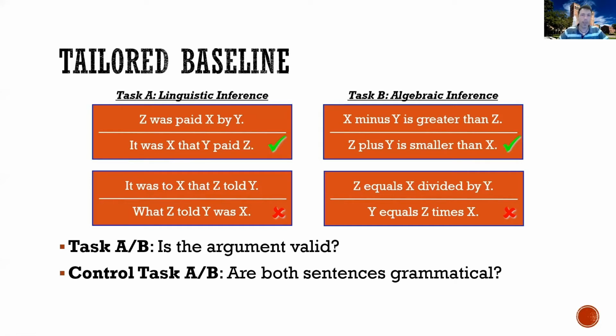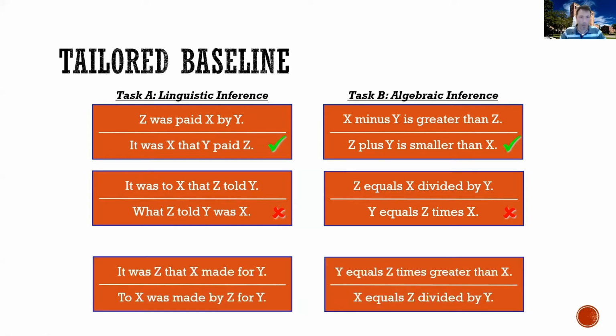And of course, you will notice that in order for you to decide whether the two sentences mean the same or not, they have to be grammatical. They cannot be ungrammatical. So every now and then we put in some fake pairs that are only meant to distract you so that you could say that these were ungrammatical. To give you an example, 2x was made by z for y. That doesn't quite jive.